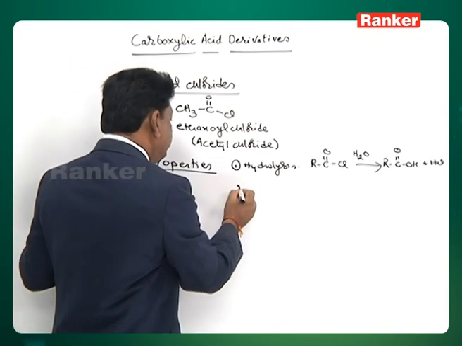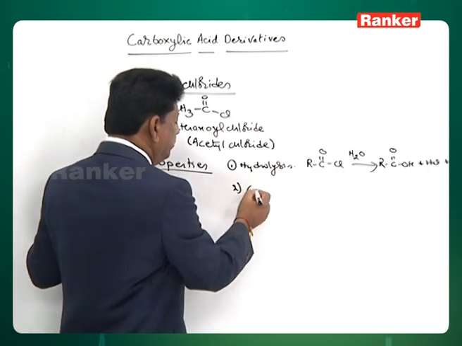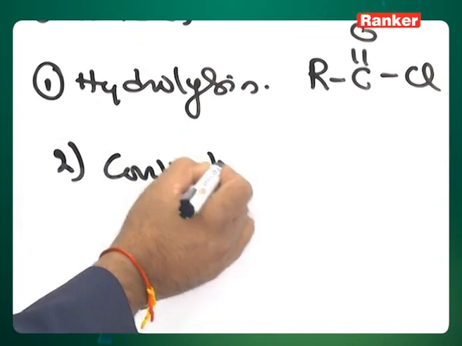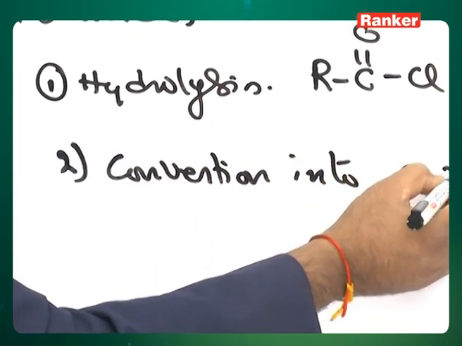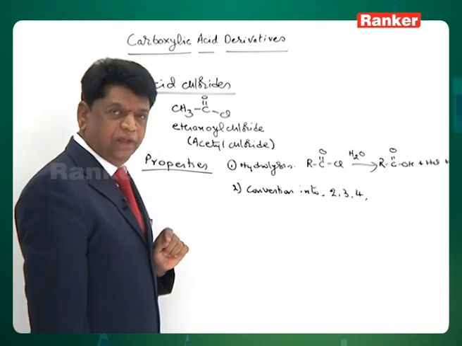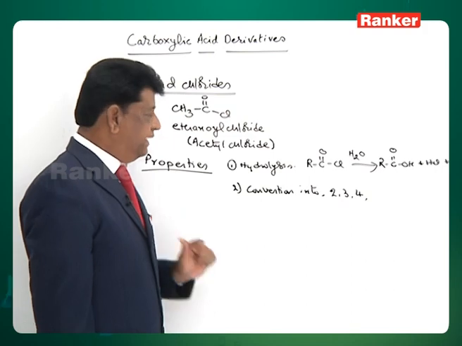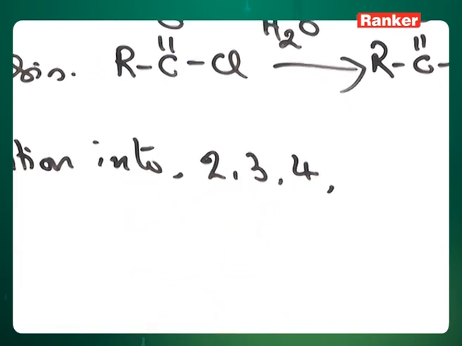They also can be converted into their derivatives, that is conversion into 2, 3, 4. I am using codes here. What is 2, 3, 4? They are the other derivatives of the acid, that is acid anhydrides, acid esters, and the acid amides.